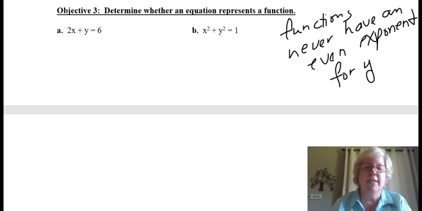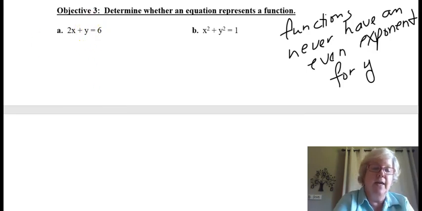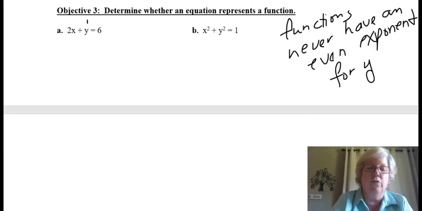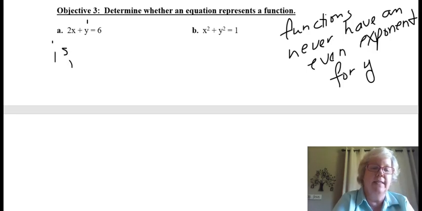So in my first example, I look at my exponent on the y and there is none. So that's an understood 1, which is an odd number. Odd exponents for y values would be correct. So this is a function.